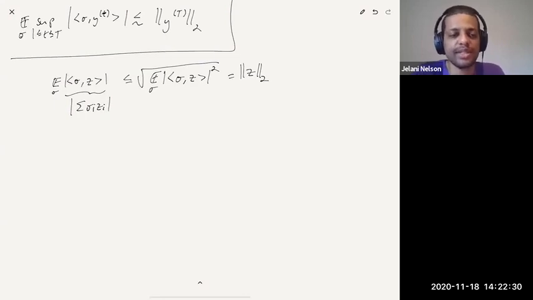If you have not just one Gaussian but a lot of Gaussians, capital T Gaussians, and you take the max of them, what do you expect? What's going to happen in expectation? You're going to have an extra factor of the square root of log capital T, just by a union bound over all time steps. That's going to make you pay square root log T. And you can do the same kind of reasoning for any sub-Gaussian distribution, including Rademachers.